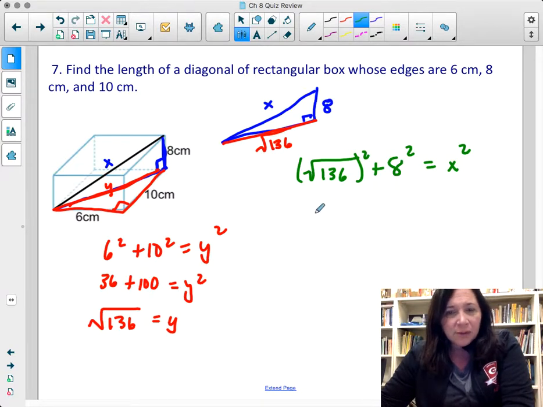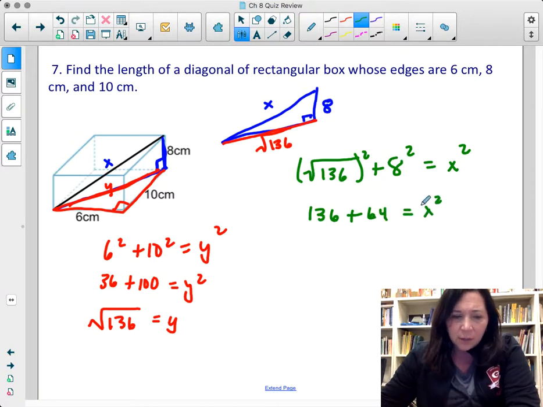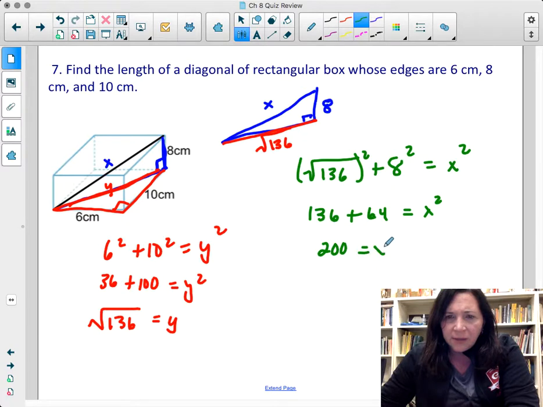When you square root a square, remember, that's just 136 plus 64 is equal to x squared. And 136 plus 64 is 200, which is equal to x squared.